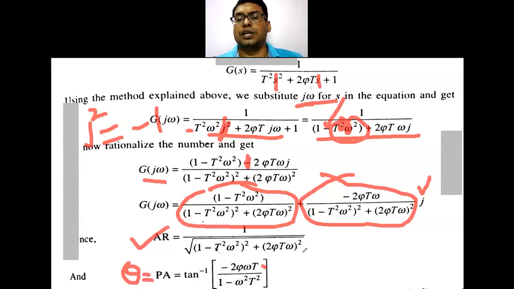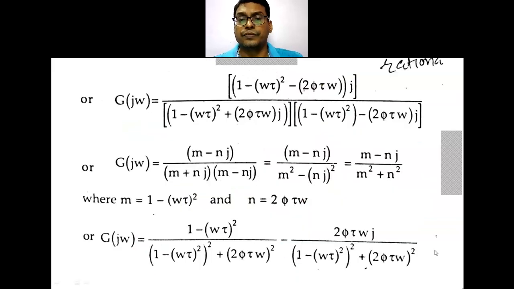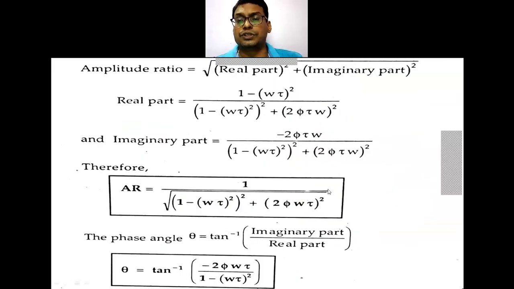So this is the same imaginary part, and the real part is there. After simplification, the amplitude ratio comes as 1 upon under root of (1 minus omega tau square) whole square plus 2 phi omega tau, and theta comes as tan inverse of minus 2 phi omega tau upon (1 minus omega tau) whole square.